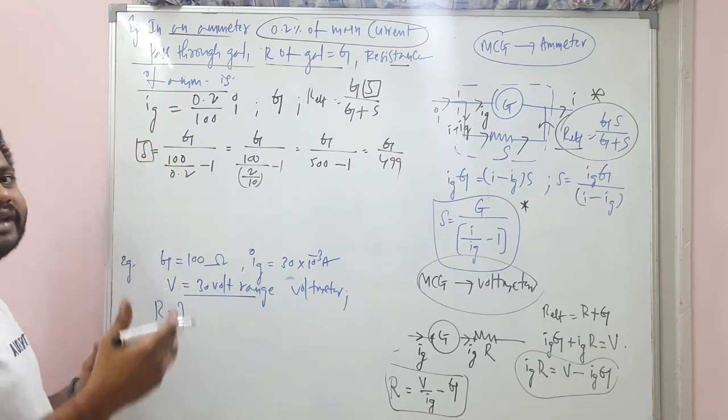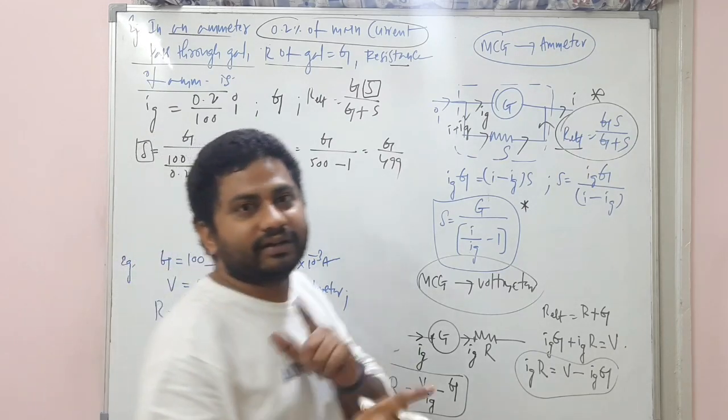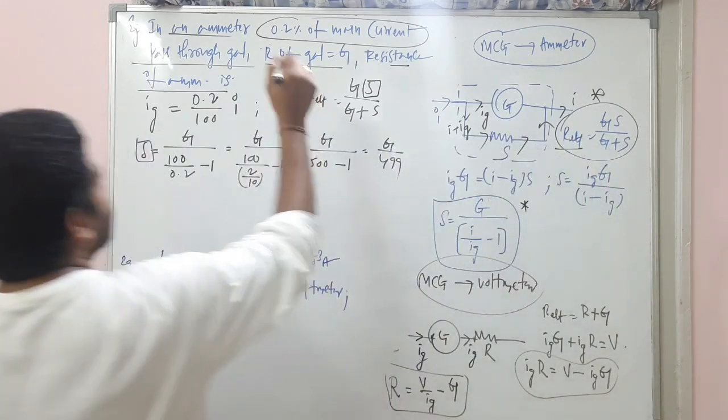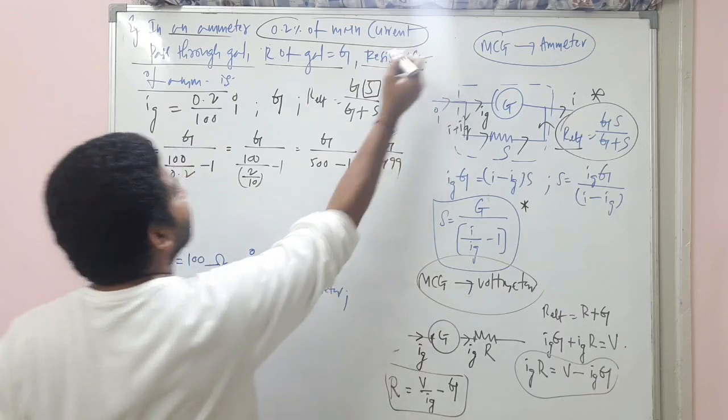Sometimes the question can be asked up to here, the shunt resistance. Sometimes it can go beyond that. So what is the effective resistance?